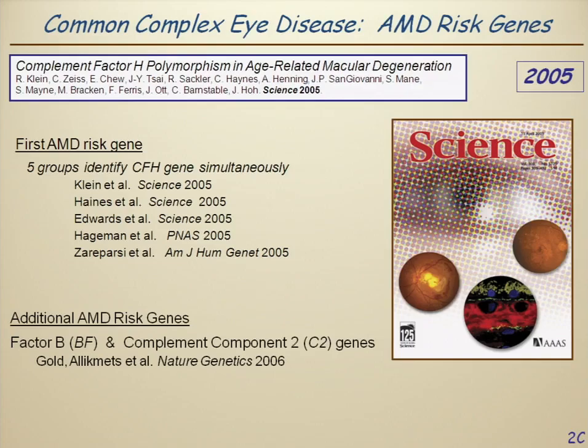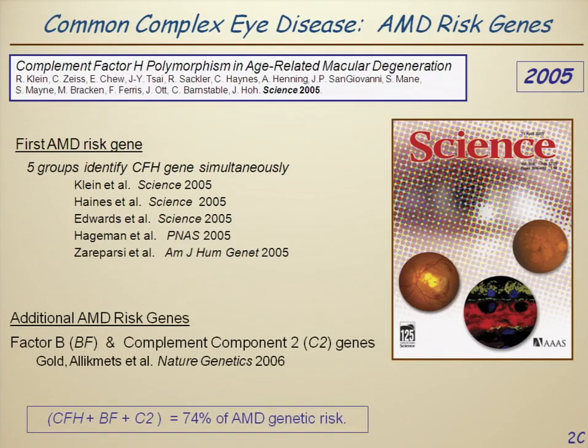This says that AMD is a cousin of other chronic diseases that have a play with the immune system: Alzheimer's, Parkinson's, cardiovascular disease. These are cousin diseases in invoking the surveillance mechanisms of the body. Quite remarkably, if you add up these three genes, 74% of the risk of developing AMD is accounted for. They're heavy, big players.